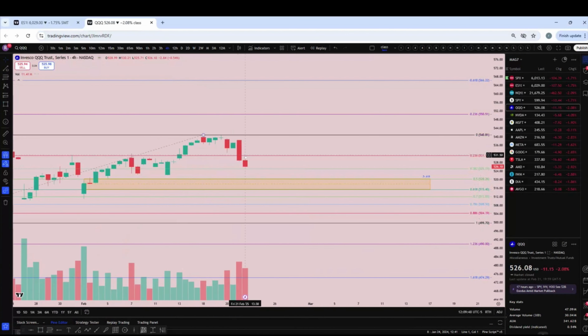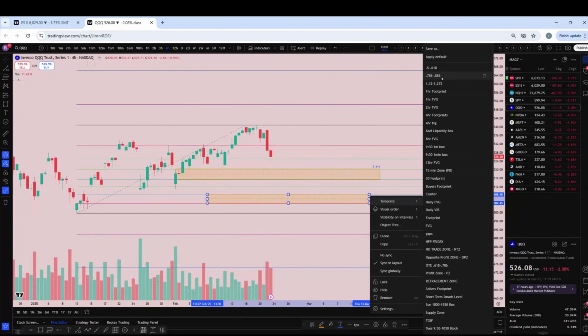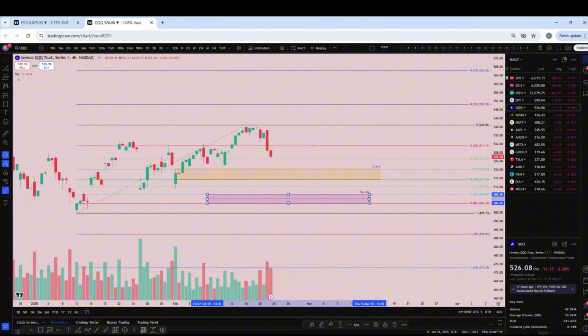Go to a smaller time frame. We don't really have any gaps right here that haven't been filled. So our next gap would be down in this area. So I actually will mark out here to the 0.786. There we go.